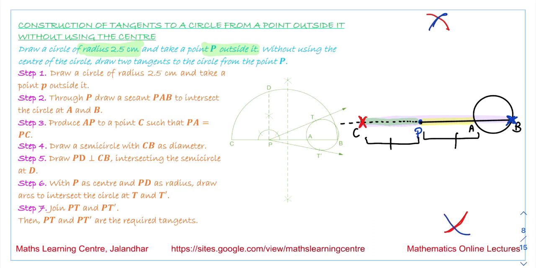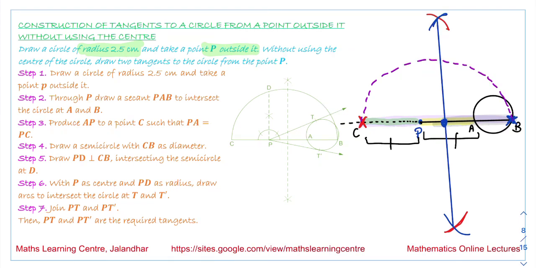We join these two arcs and obtain this line, and the point where these two lines intersect, we have obtained this point. Using this point and taking the radius equal to this portion, we have drawn a semicircle over here.